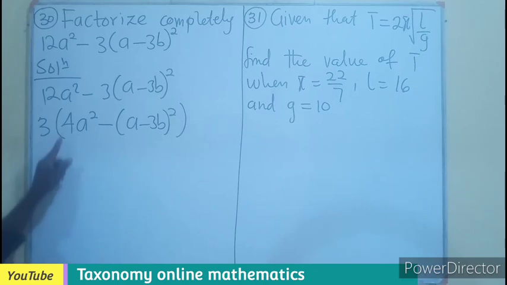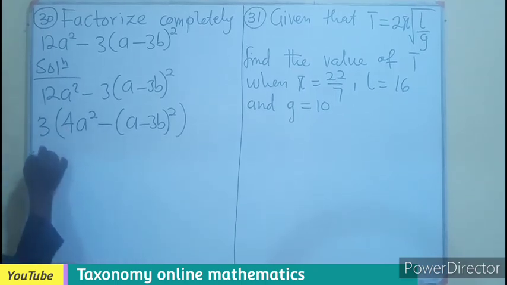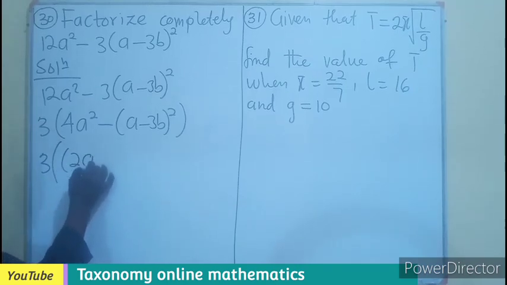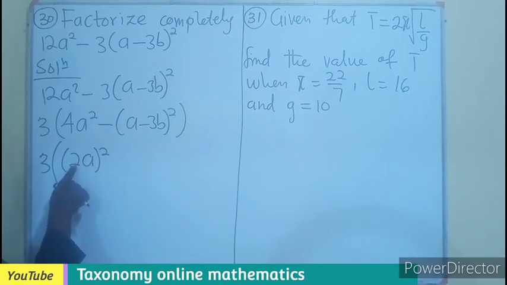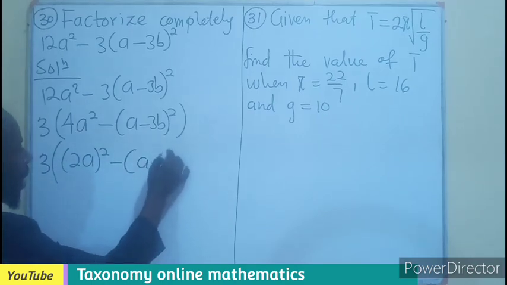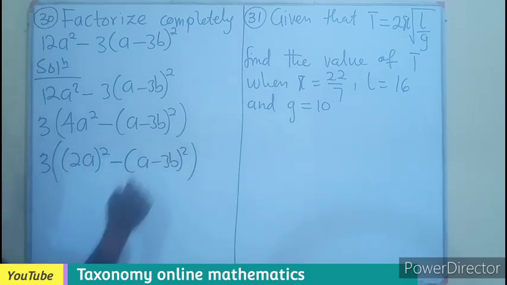But we can also see that 4 is a perfect square, 2 squared. So I can rewrite this as 3 into bracket 2a squared. Under indices, if I have two different terms having a common power, the power will be separated on them. So 2 squared is 4, a squared, then minus a minus 3b, bracket close.